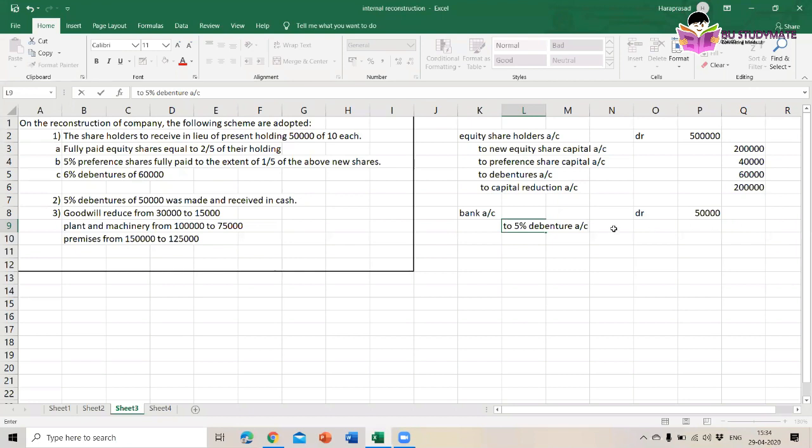Okay, then they told that we need to reduce all the amounts: goodwill, plant and machinery, and premises. So in capital reduction account, how much do we have? We have 2 lakh rupees.